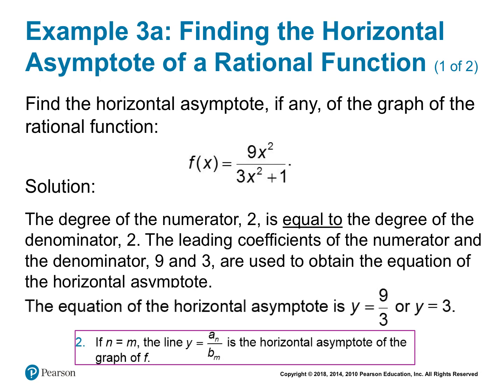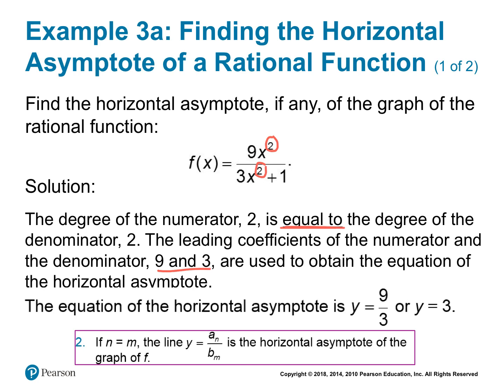Okay, so let's find the horizontal one, if there is one, for this one. The degree of the numerator is 2. The degree of the denominator is also 2, so they are equal to each other. The leading coefficients of the numerator and the denominator are 9 and 3.